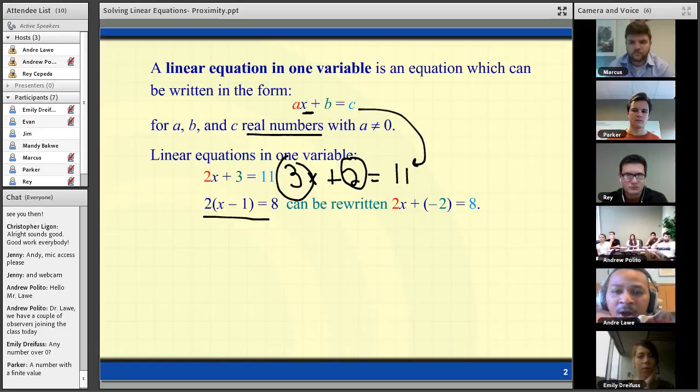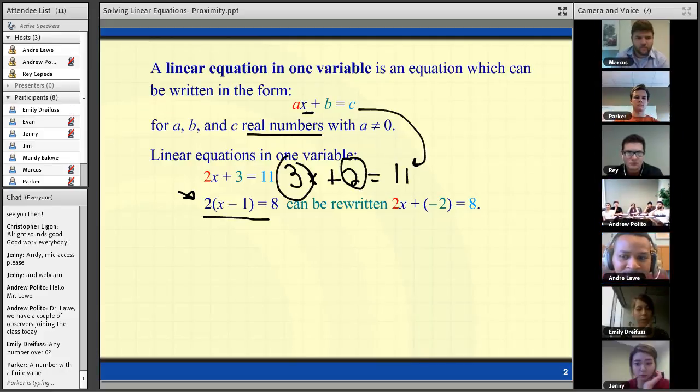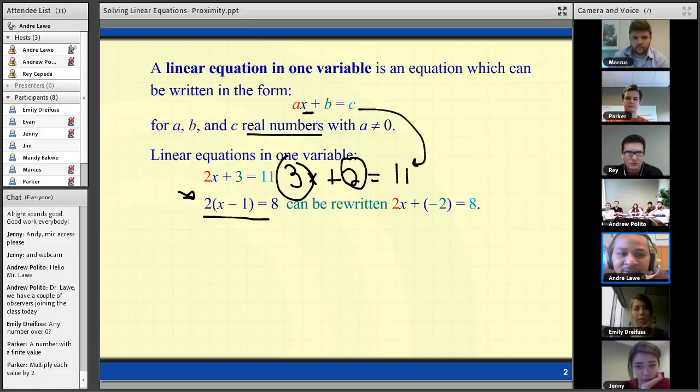So we could use the distributive property to simplify this, and you should be familiar with it. How would we simplify this expression on the left using the distributive property? You'd multiply 2 by x and then 2 by negative 1. Thank you, Emily, that is correct. Parker said it as well in the chat area. Good job, Parker.